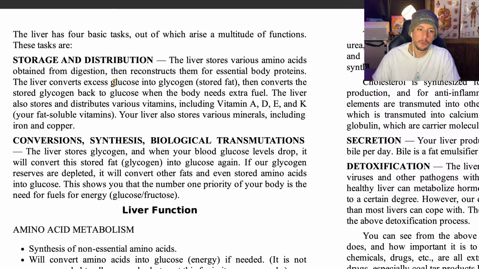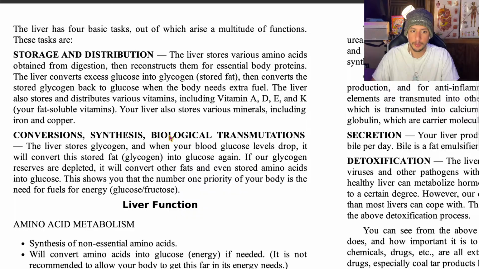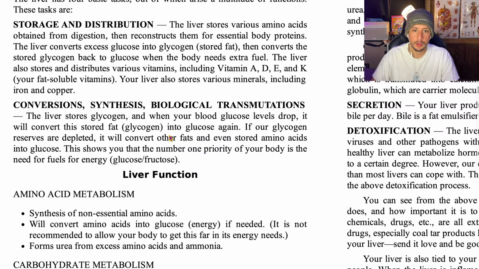The liver also stores and distributes various vitamins, vitamin A, D, E, K, and your liver also stores various minerals. So it stores and distributes basically stored fat and vitamins for the most part, and minerals.